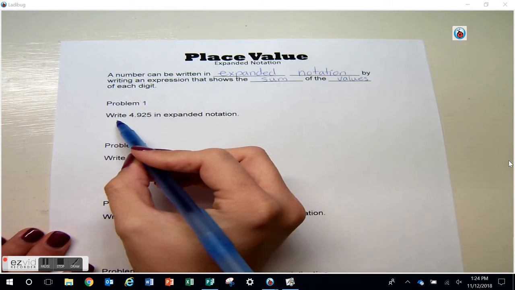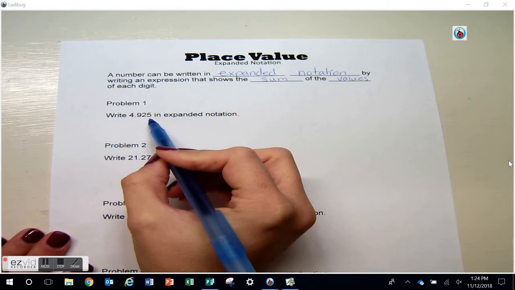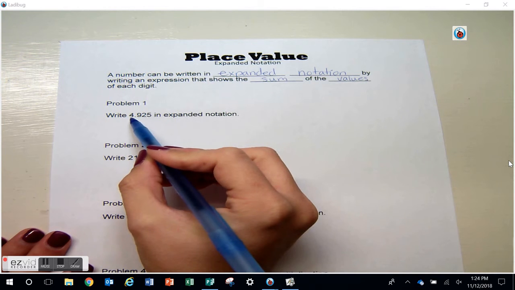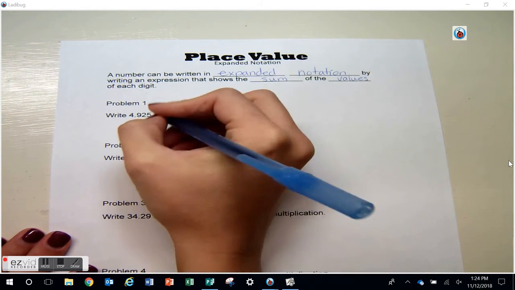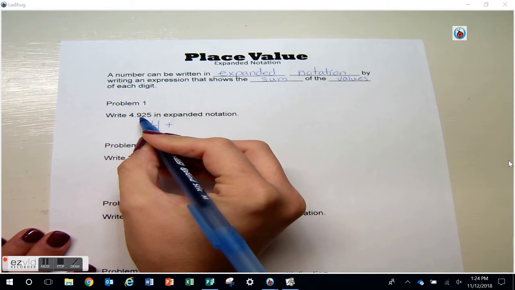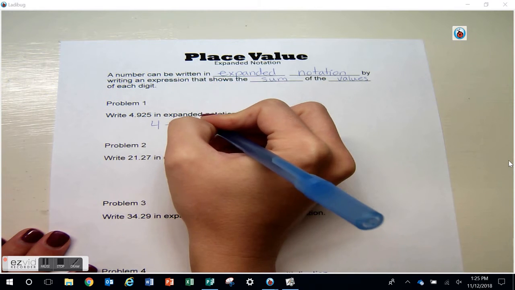Let's break it apart. Write 4 and 925 thousandths in expanded notation. Well, what's the value of this 4? It's worth what? 4 ones. What's the value of this 9? That 9 is worth 9 tenths.